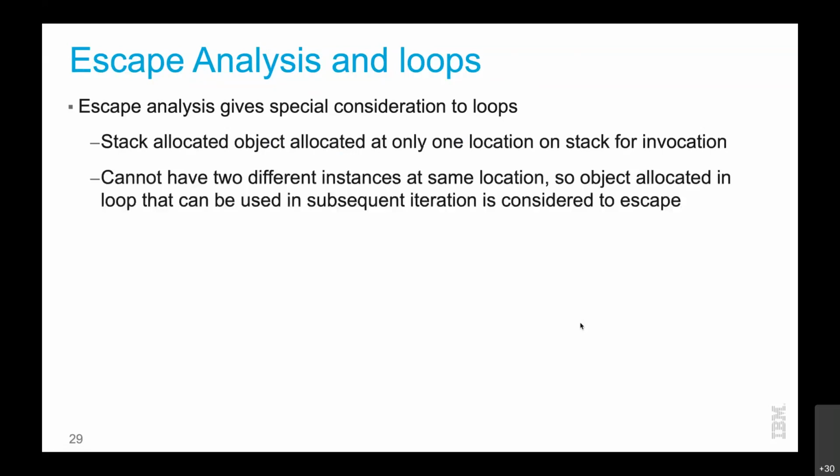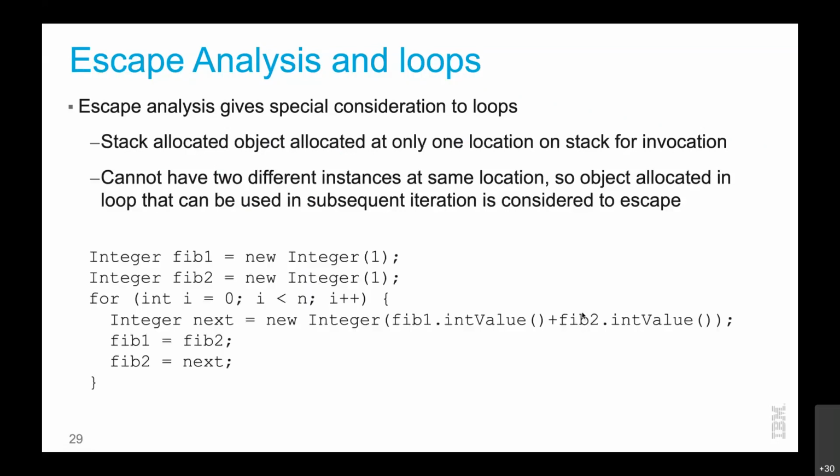So you can't have 2 different instances of a candidate available at the same location. So an object that's allocated within a loop has to be used only within that iteration, or else it's considered to be an escape.